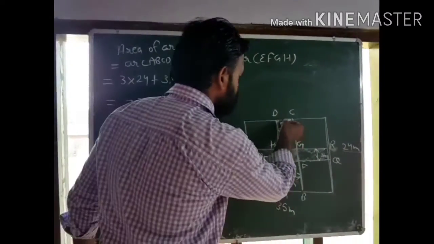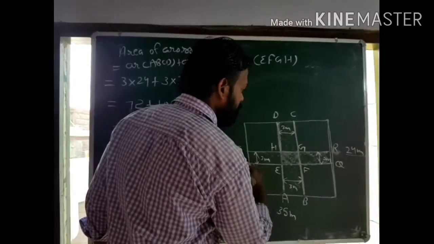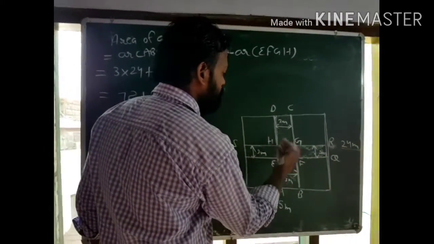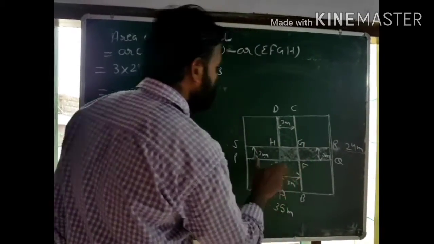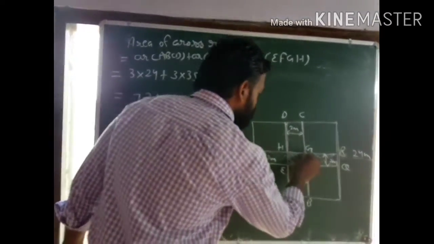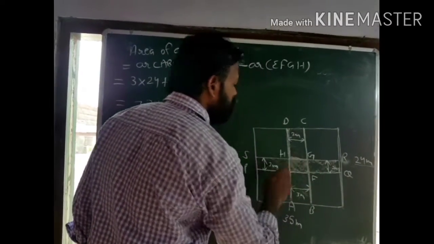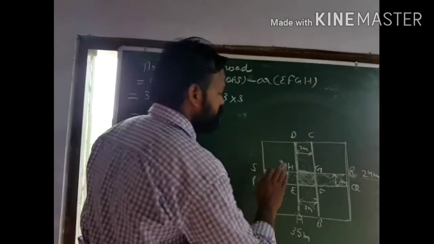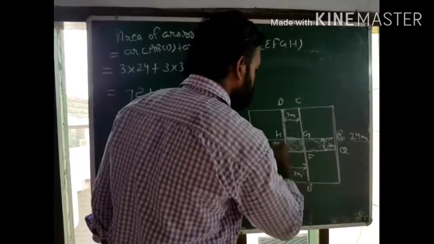First of all we have to find out the area of this ABCD rectangle, and then the area of this PQRS rectangle, and then we have to add these areas. But here one thing is important, that is we have to subtract the area of this rectangle EFGH one time. Why do we have to subtract the area of this EFGH from the sum of the areas of these rectangles?